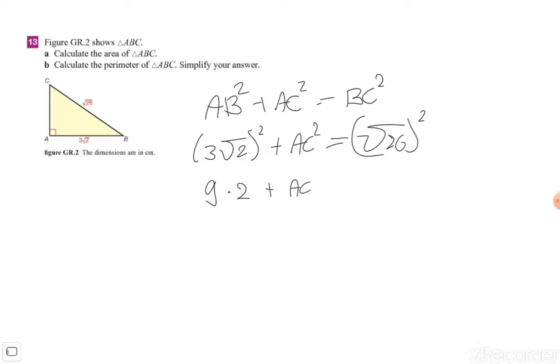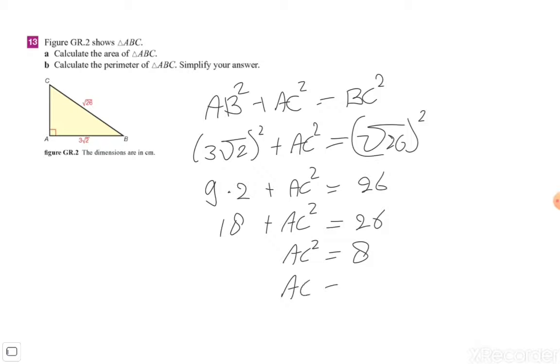We leave AC squared is equal with 26. 9 times 2 is 18, plus AC squared is equal with 26, so AC squared is equal with 8, which means that AC is the square root of 8.